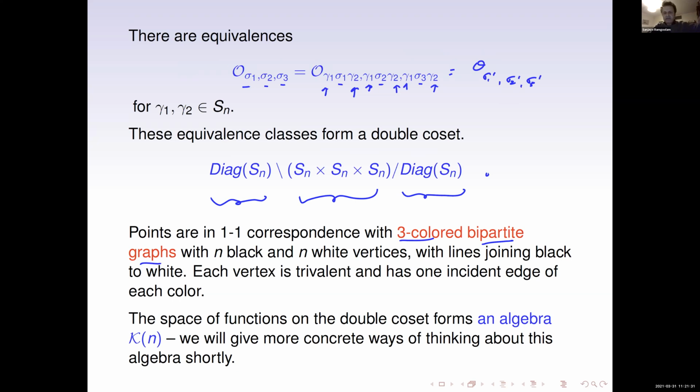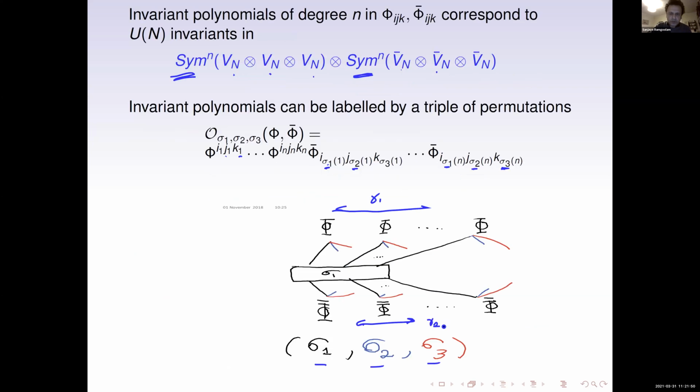The phi's above can be viewed as one kind of vertex, the phi bars below as another kind of vertex. So they're black and white vertices, if you like, and the lines join the 2 kinds of vertices, but there are 3 kinds of lines, where the blues above join with the blues below, the black above with the black below, and so on.